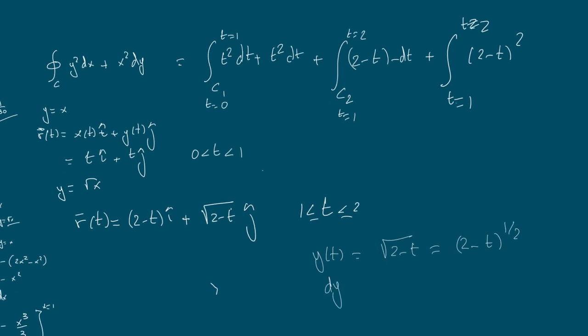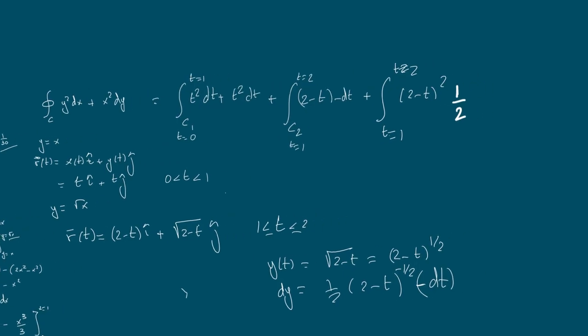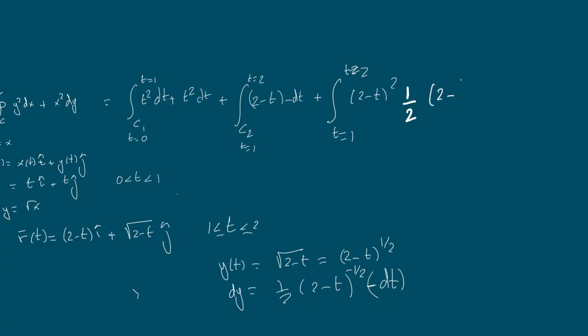So dy is 1/2 times 2 minus t to the 1/2 minus 1, which is minus 1/2, by the derivative of the inside function, which is minus 1, by dt. So I write x squared, 2 minus t squared, and now the dt part: 1/2 times 2 minus t to the minus 1/2 times dt, and there is a minus sign here.